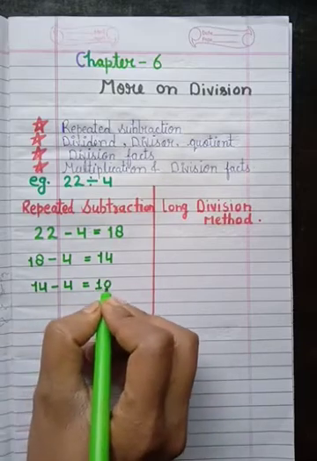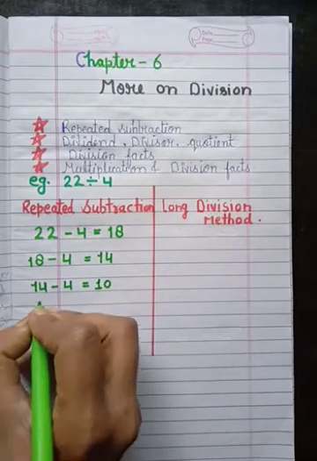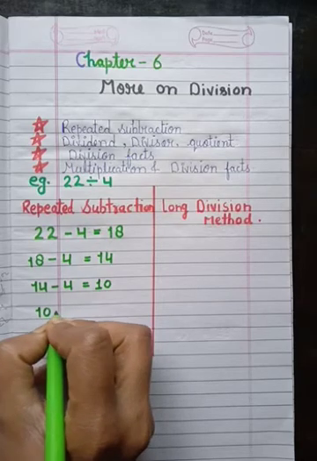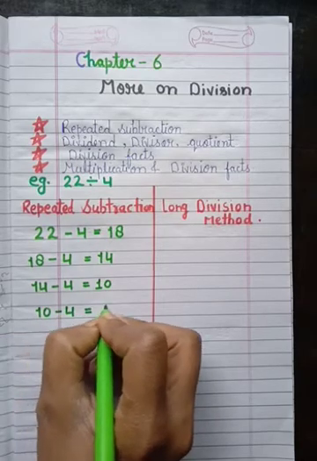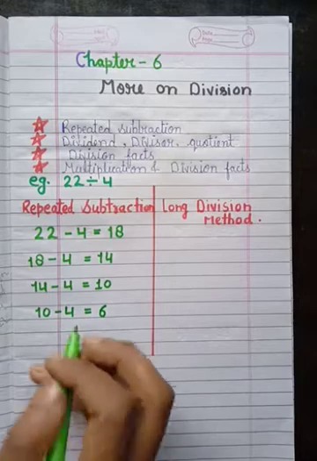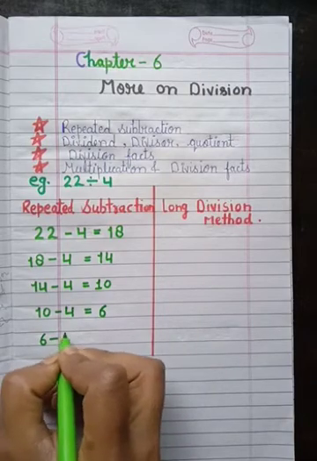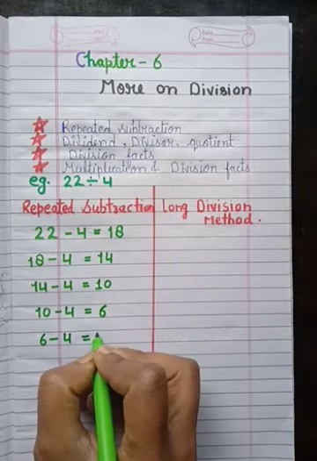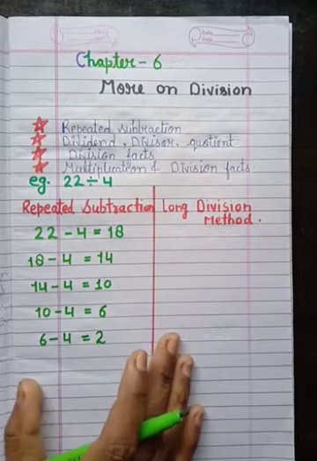Then 10 minus 4 is equal to 6. And now 6 minus 4 is equal to 2.